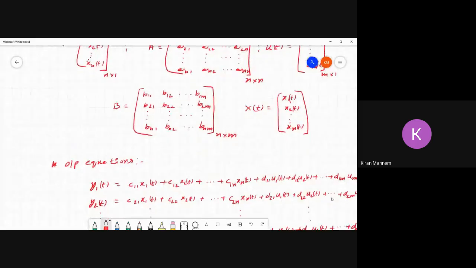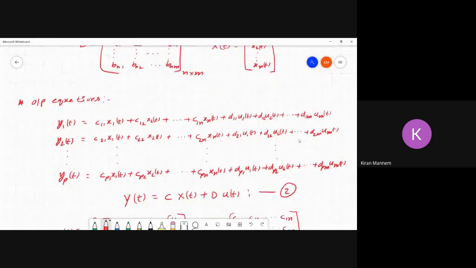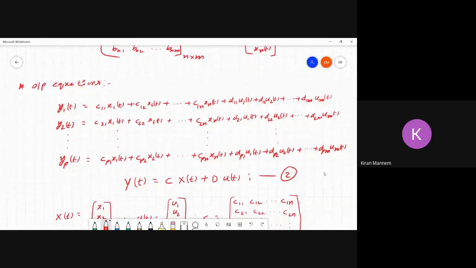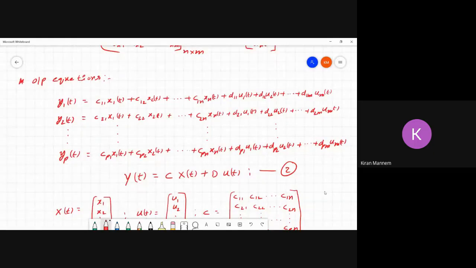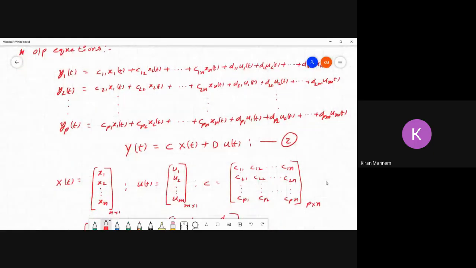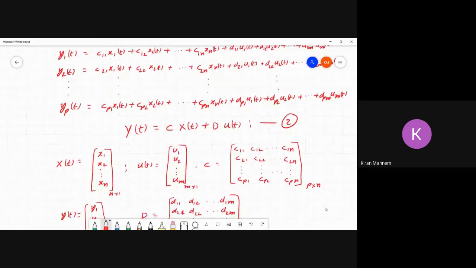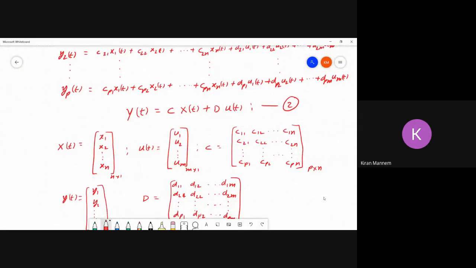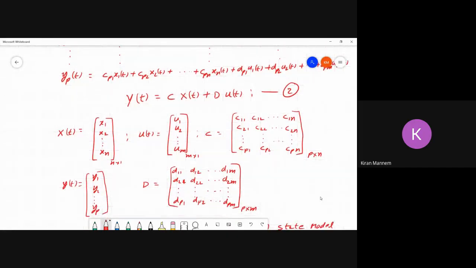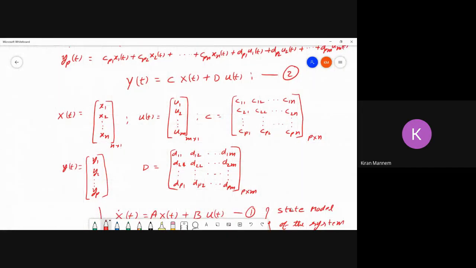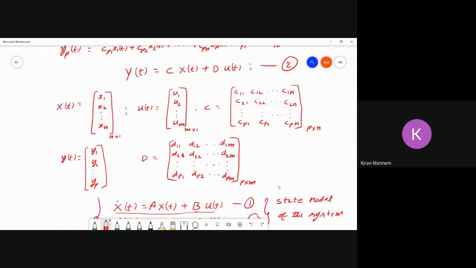Similarly, for output equations, y of t is equal to C into x of t plus D into u of t, where p is the number of output variables, m is the number of input variables, n is the number of state variables.